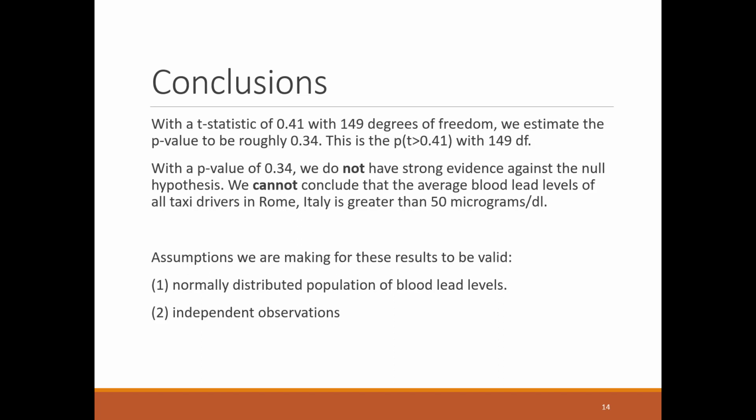This assumption becomes less critical as sample size increases, and we'll talk more about this when we get to the assumption section. The second assumption is independent observations. We do not want the blood lead levels of the taxi drivers to be autocorrelated or related to each other, and we hope that we've guarded against this through a random sampling process.